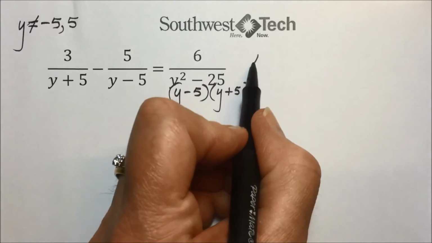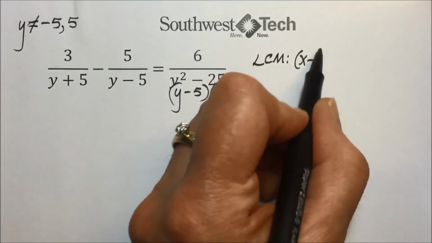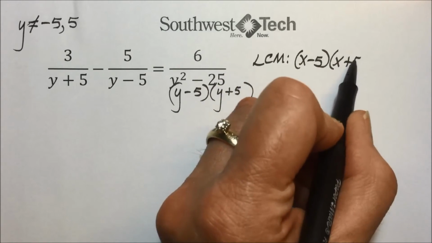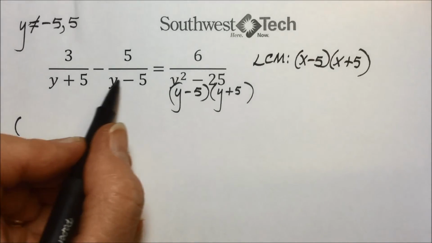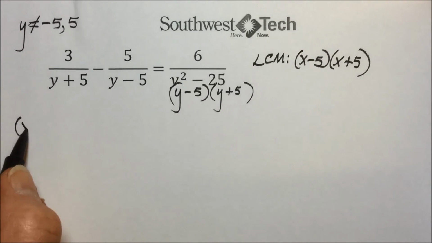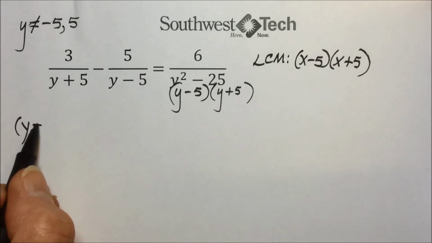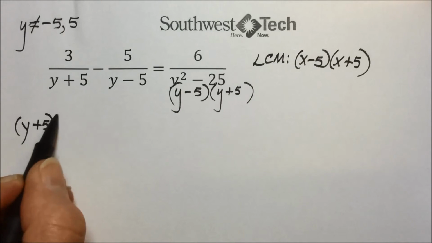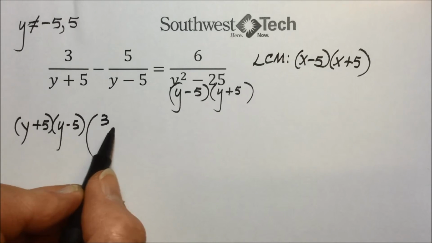So our least common multiple will be y minus 5 and a y plus 5. So to maintain equality, every one of the three terms will be multiplied by, and I'm saying x, and it should be a y, I'll write it here, y plus 5 times y minus 5 times the first term.